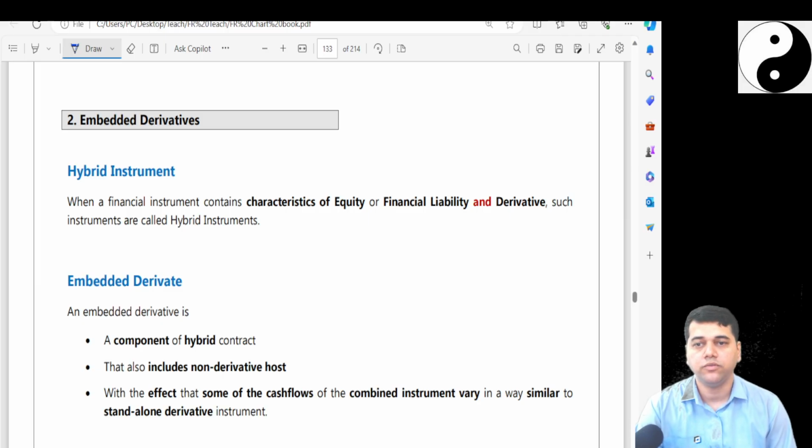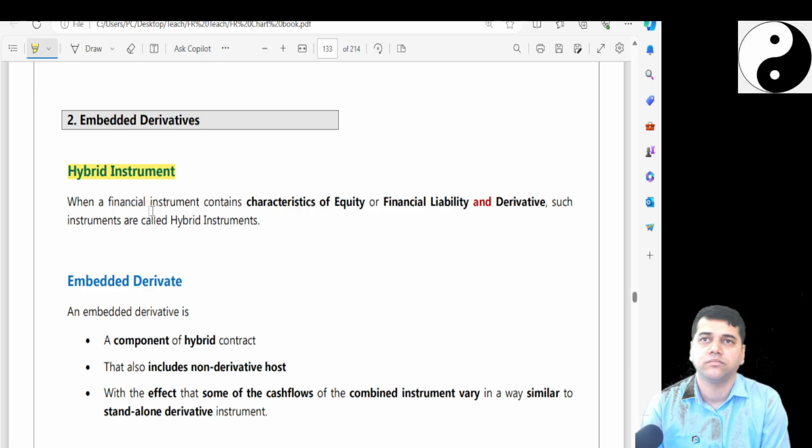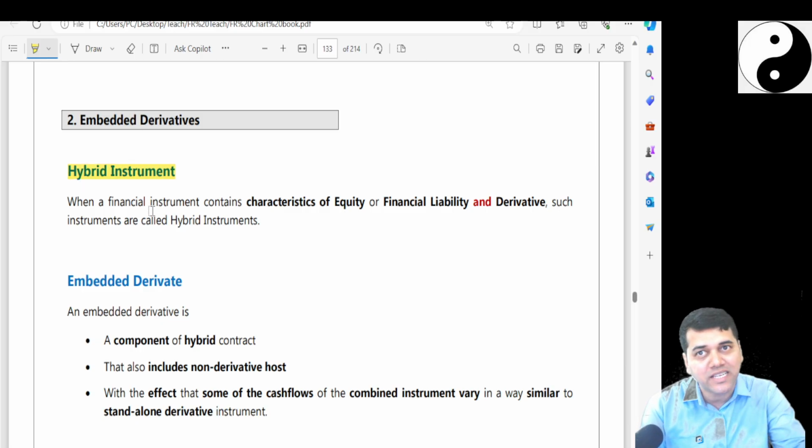Yes, students. So now we will discuss the embedded derivative. See, understand the principles and the rules of this embedded derivative. What is an embedded derivative? It's also called a hybrid instrument, like a compound instrument. In compound instrument, we have got a financial liability and equity.